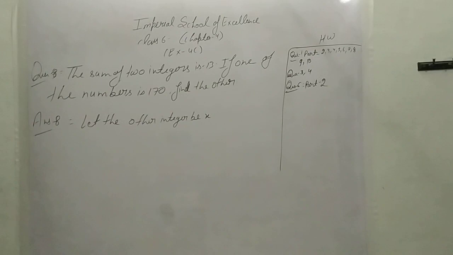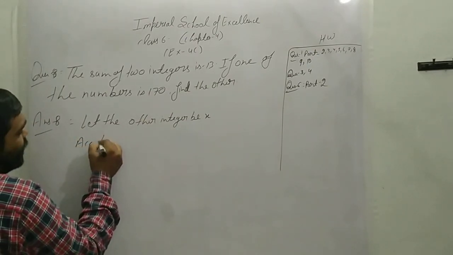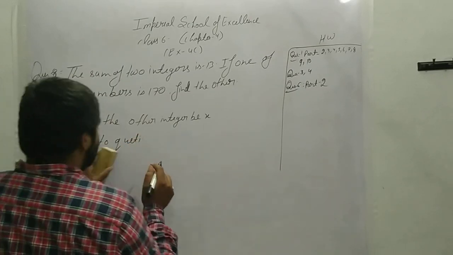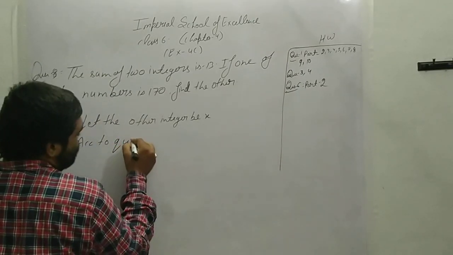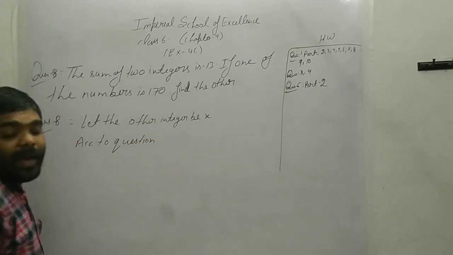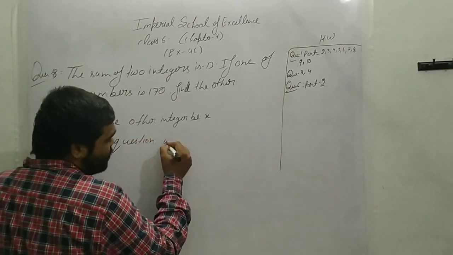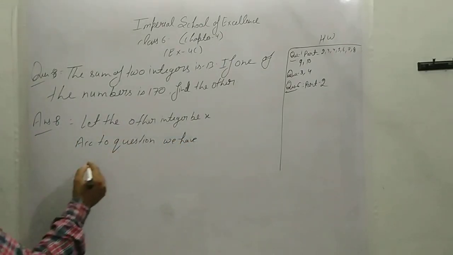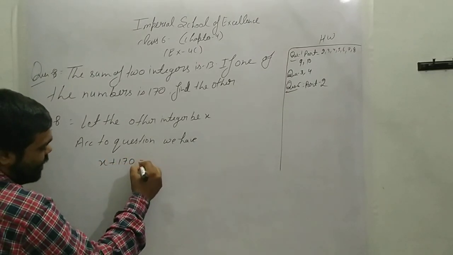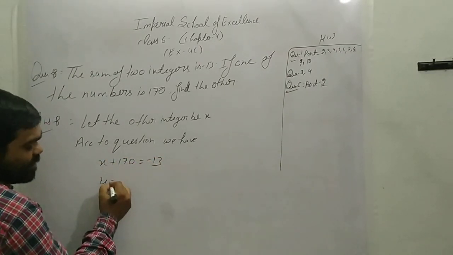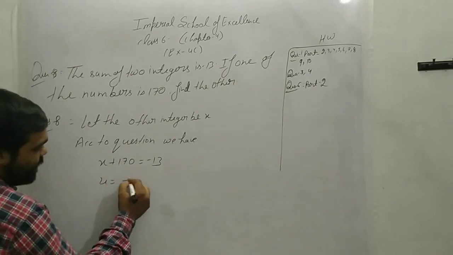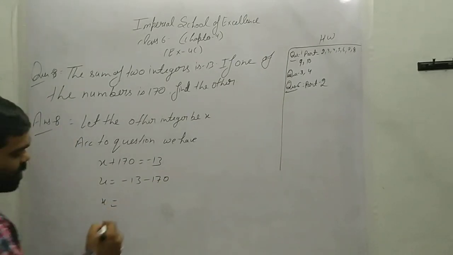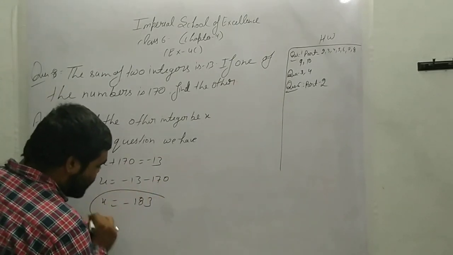We have taken one integer as x. Now according to the question, we have x plus 170 equals minus 13. x equals minus 13 minus 170. So x equals minus 183. This is your other number.